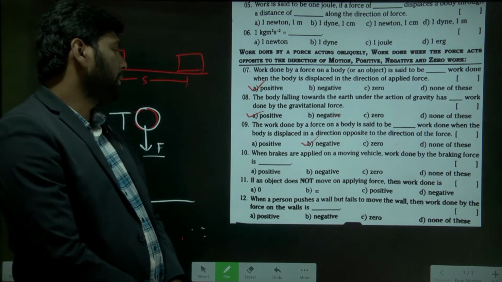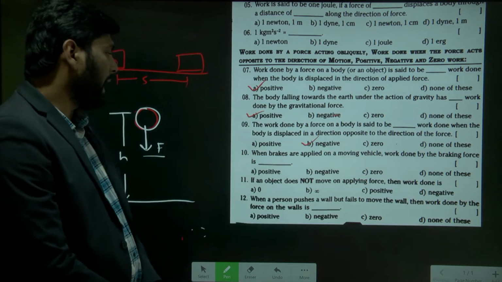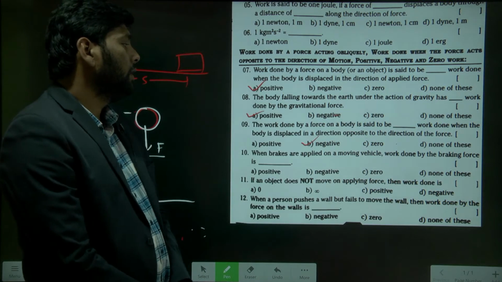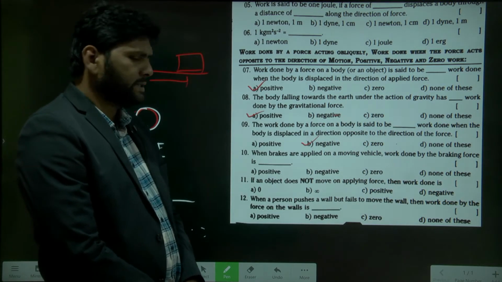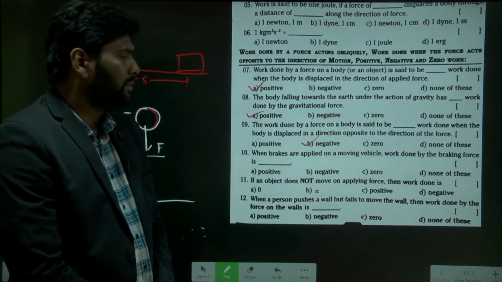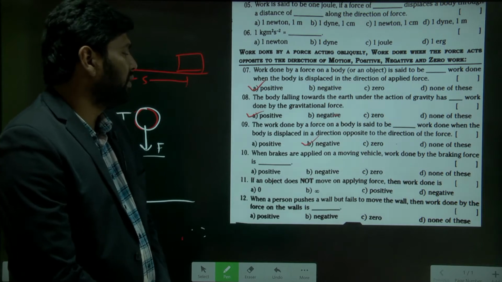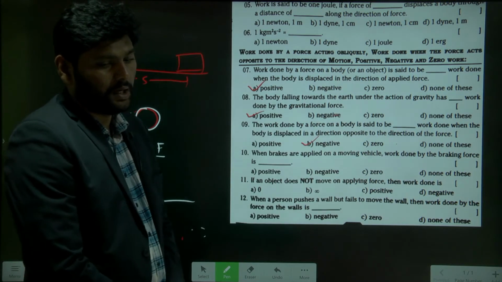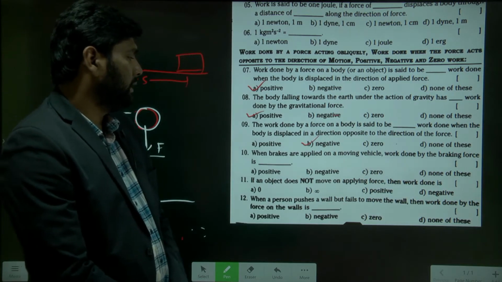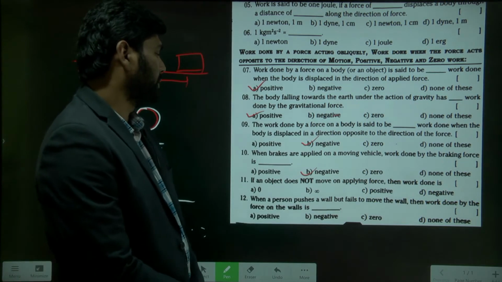When brakes are applied on a moving vehicle, is the work done by the braking force positive or negative? Negative only, because this applies friction, so it is negative.